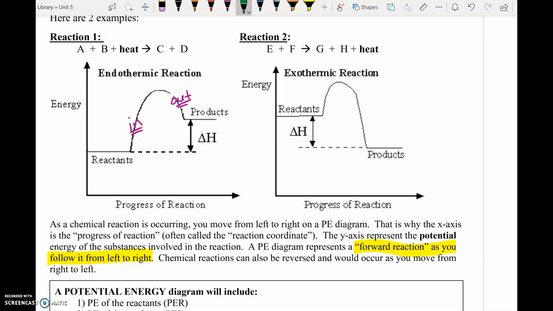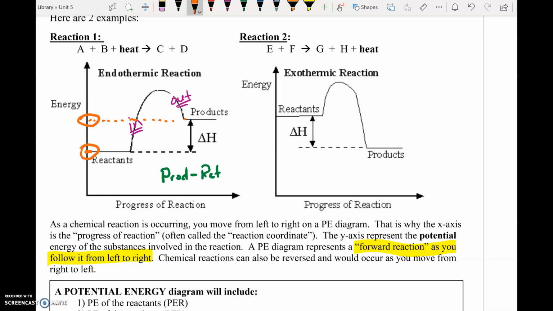Or you could say that the products minus the reactants, that is this number right here. It's not labeled, but you could think of it as a number wherever it hits the y-axis, and then this number where it hits the y-axis.